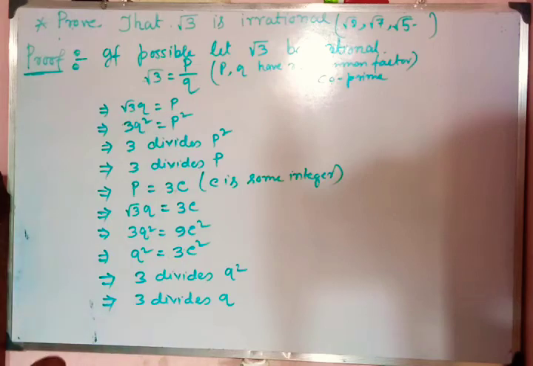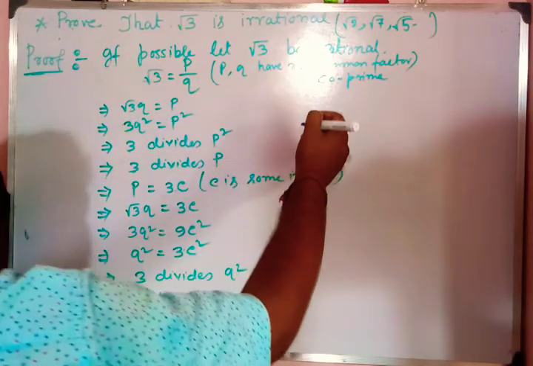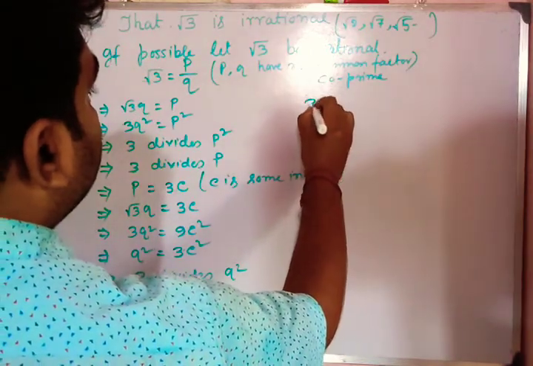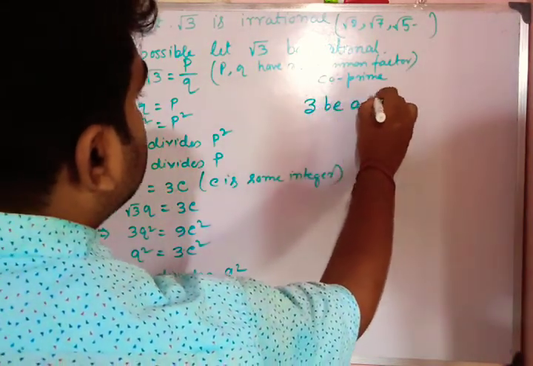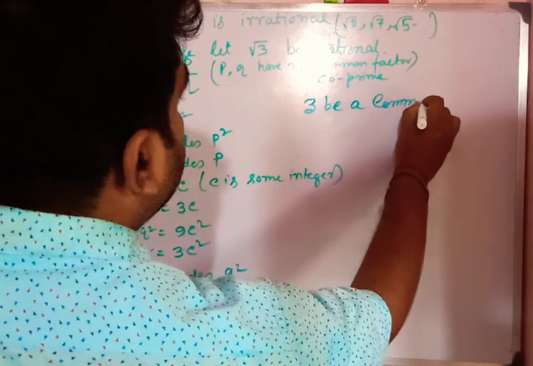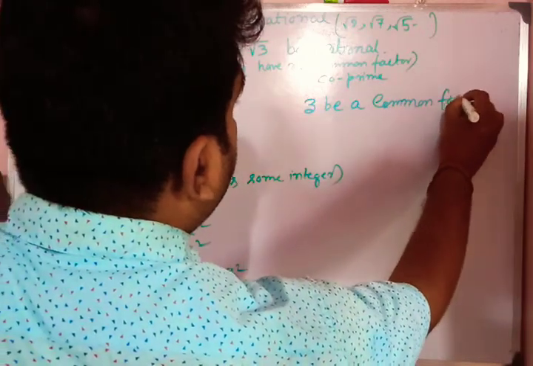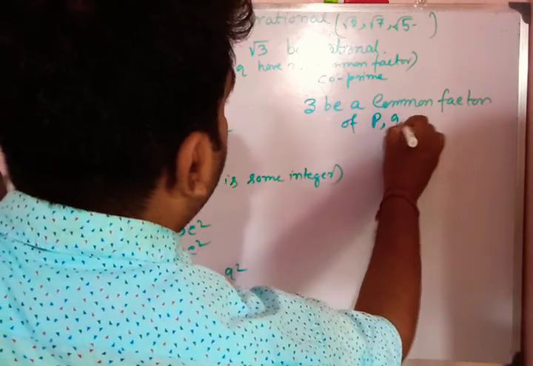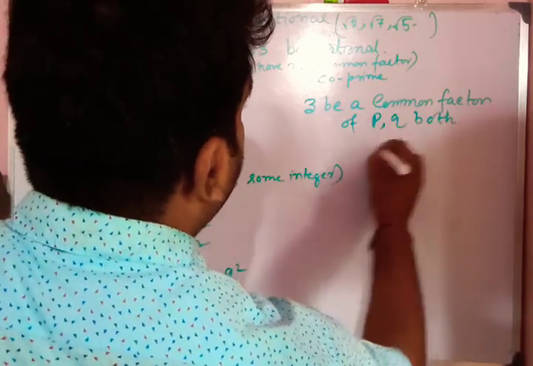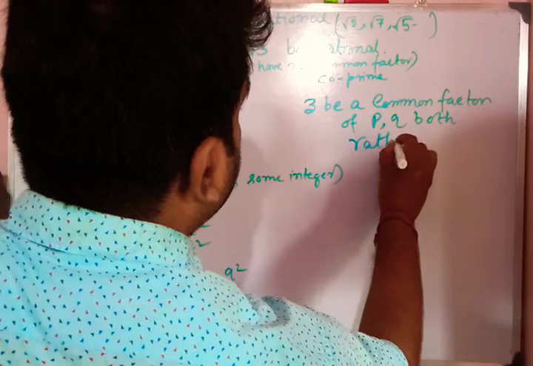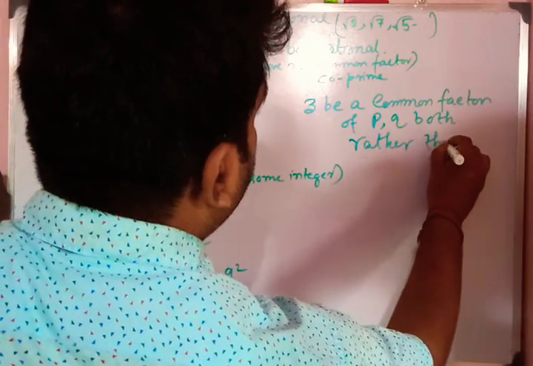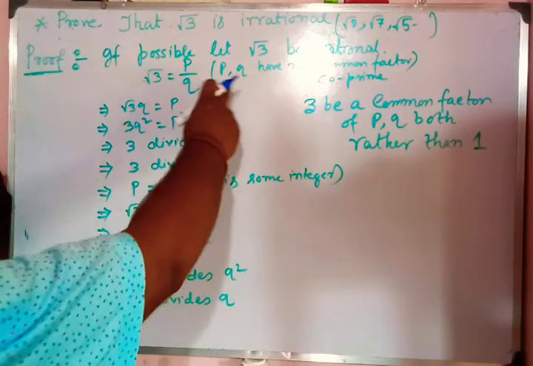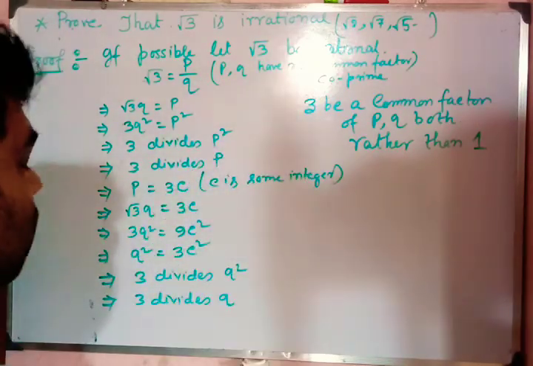Now as we assumed that P and Q are co-prime, but here we are getting that 3 is a common factor of P and Q both, rather than 1, because we are taking that P and Q are co-prime.